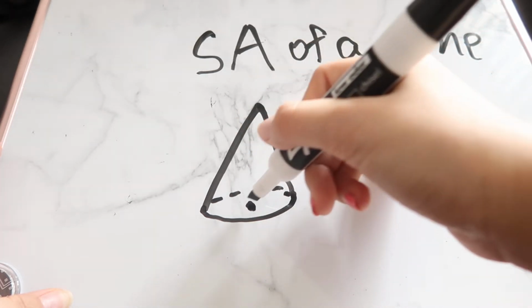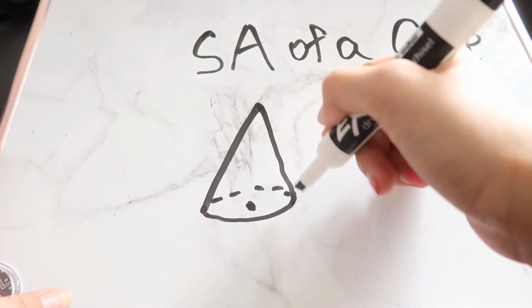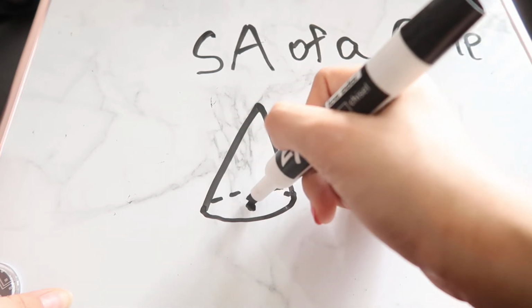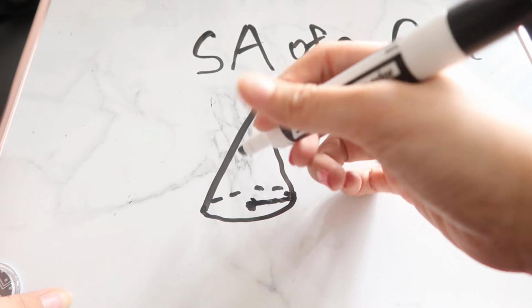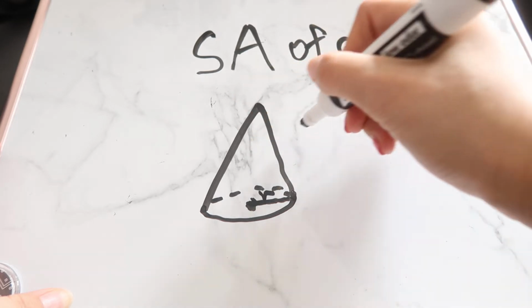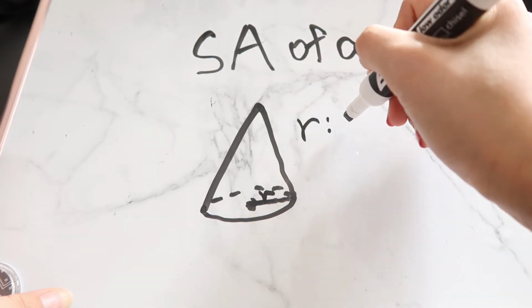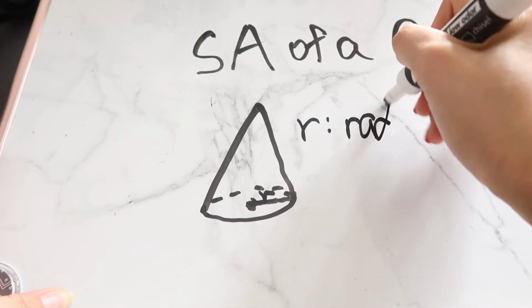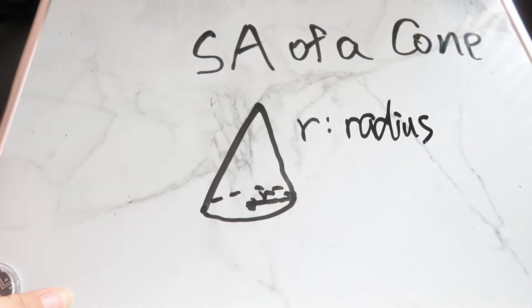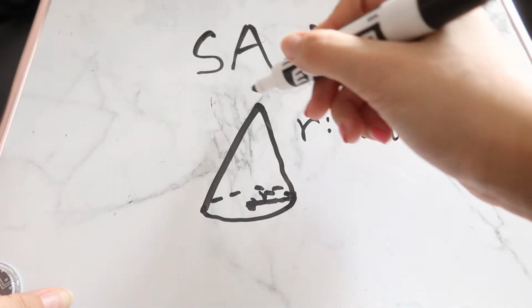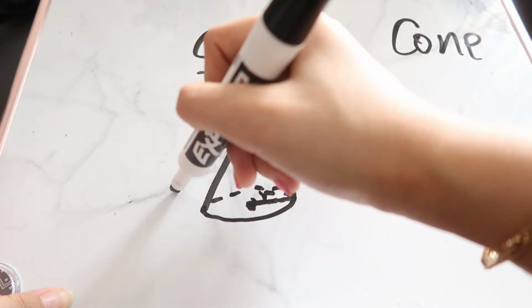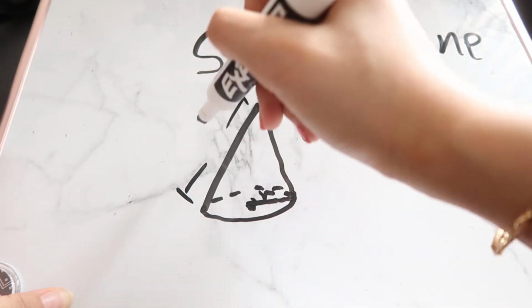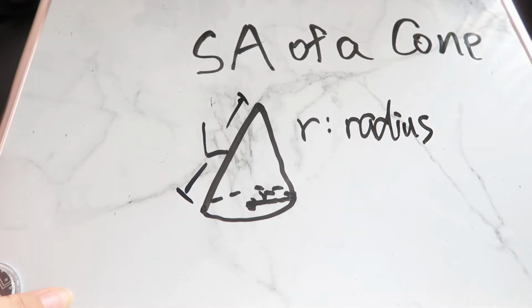Alright, and because the bottom is a circle, to calculate the area of a circle, we need the radius. So I'm gonna write r, and r would be the radius. And then the slant height, the length of this part, we'll call this L, length.